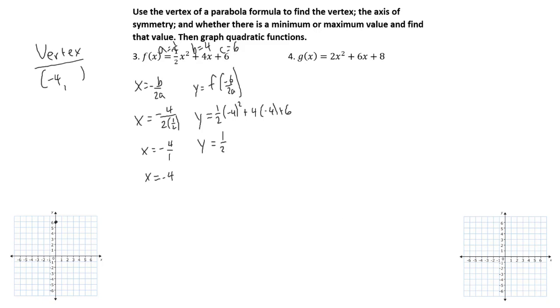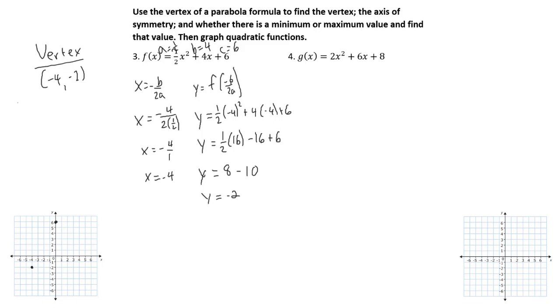So 1/2 of 16 minus 16 plus 6, that would be 8 minus 10, and that would give us negative 2. So we can put that on our graph at negative 4, negative 2.